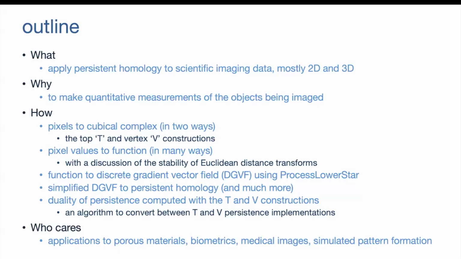I guess 20 years ago when I started thinking about this, the persistent homology algorithms weren't sufficient to deal with complexes of that size that we were getting out of our scientific images.